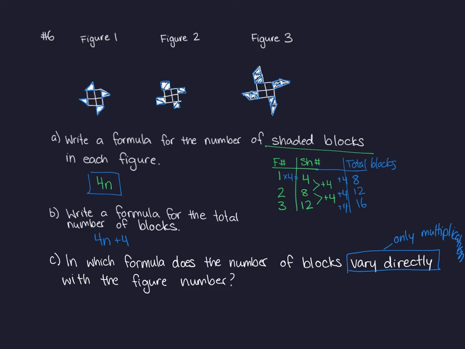So if we looked at these two formulas, 4n plus 4 and 4n, 4n is the one that is only multiplication. So 4n, or the number of shaded blocks, varies directly. There's no additional addition that needs to happen.